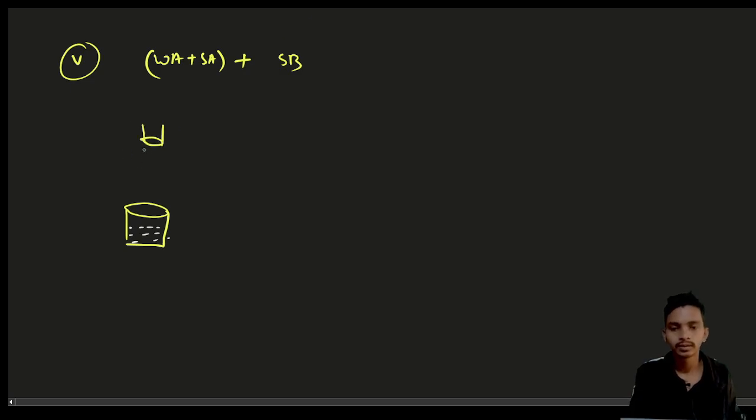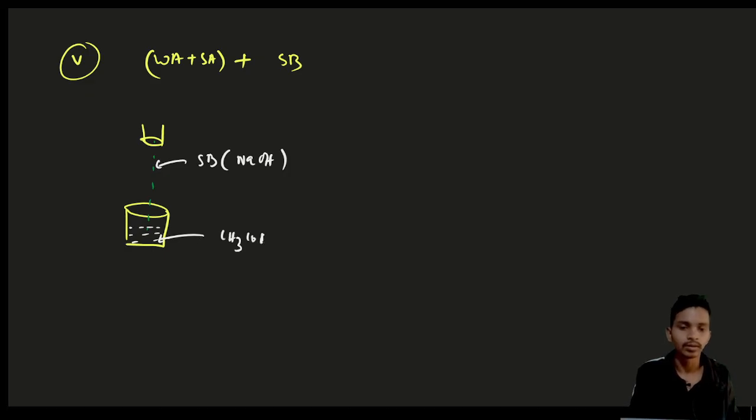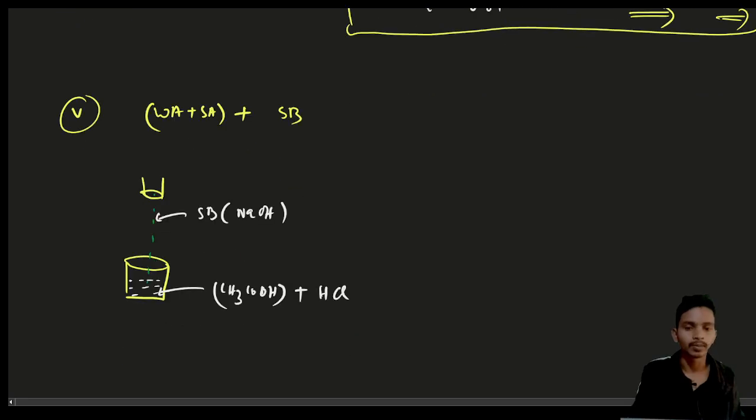We are adding a strong base, let's say I am adding NaOH, and here weak acid is there, let's say CH3COOH, plus HCl is there. Then how will the graph look?